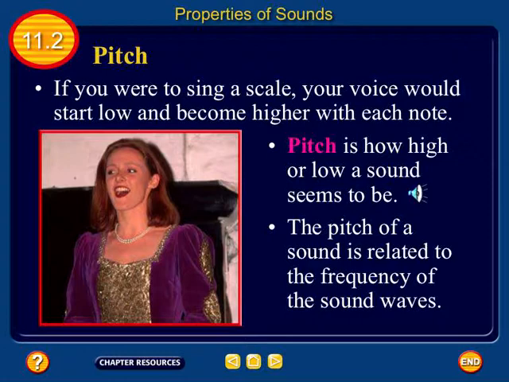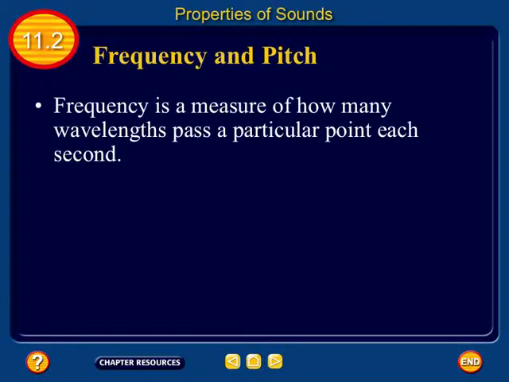So something that's high pitched means that a lot are going to come per second, and something that's low pitched means not much is going to come per second. Well, it's still going to be a lot, but not comparatively. So the frequency is the measure of how many wavelengths pass a fixed point every second.